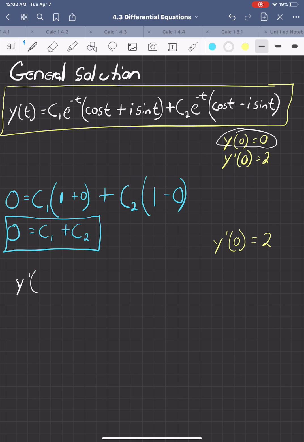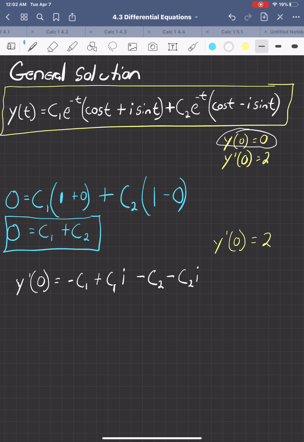Y prime of 0 would have been negative c sub 1 plus c sub 1 i minus c sub 2 minus c sub 2 i. Okay, so what we're going to do is factor out the c sub 1. As notice, I've kind of grouped them.